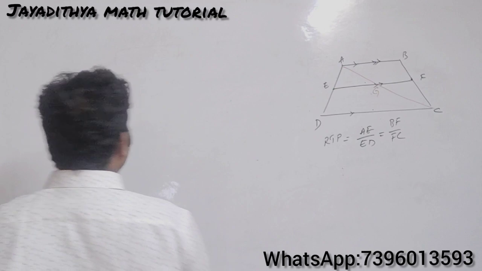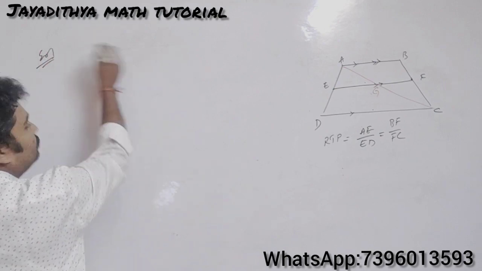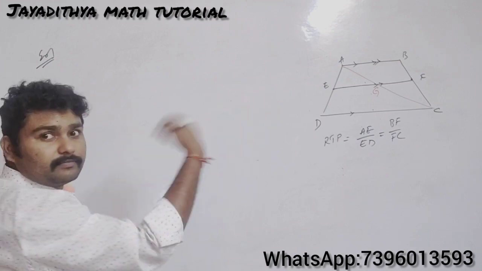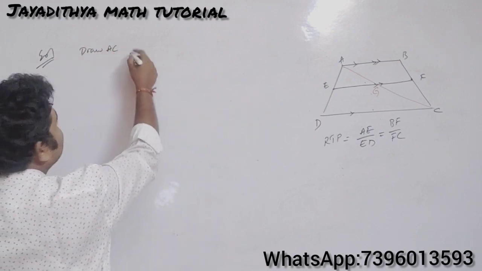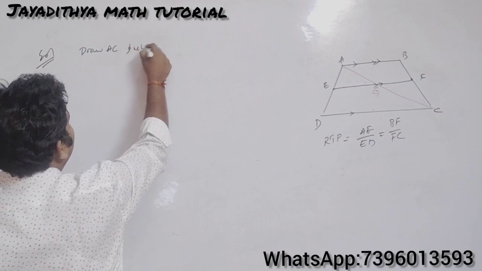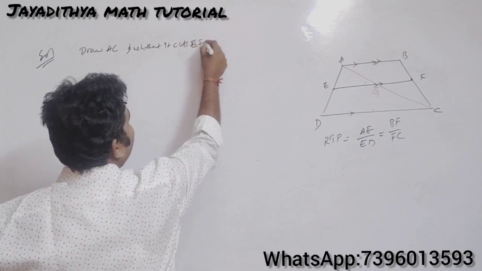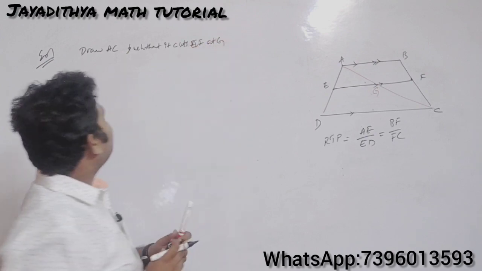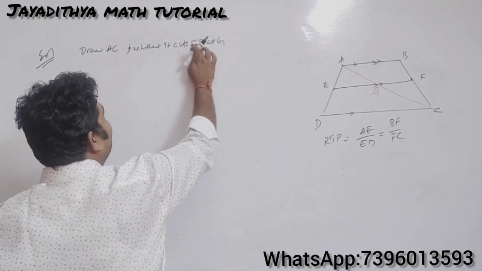So let us take triangle ADC. Before that, solution: we need to prove this. For that, draw AC such that it cuts EF at G. This is the first important point.